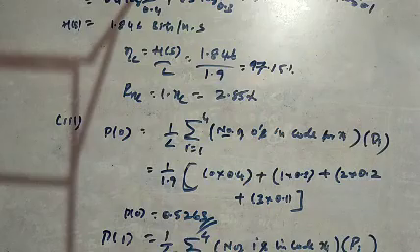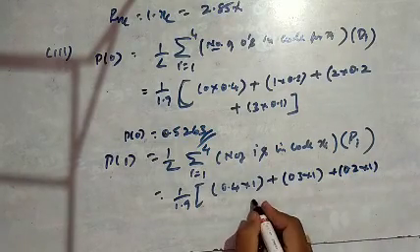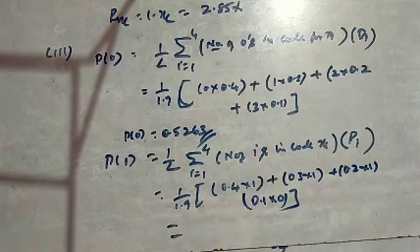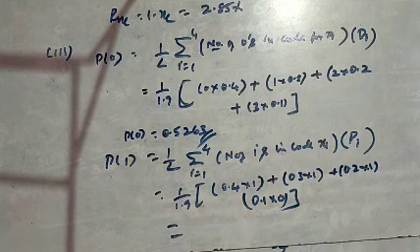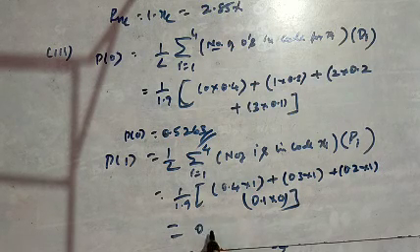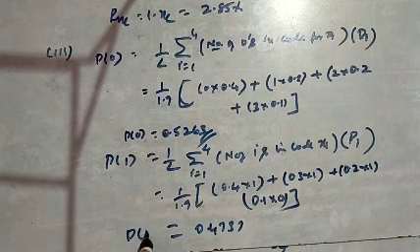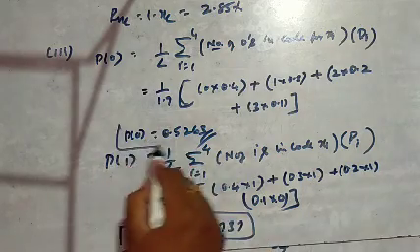In the second code, with 0.3, there is also 1. In the 0.2 code, it is 1, whereas in 0.1, it is 0. The answer is 0.4737. This is the probability of ones, whereas the probability of 0 is 0.5263.